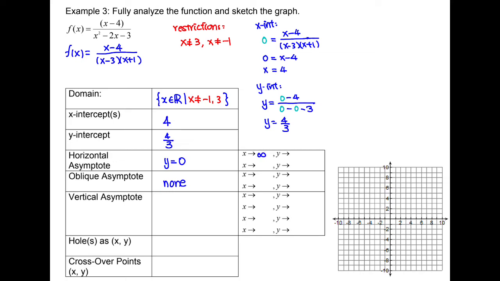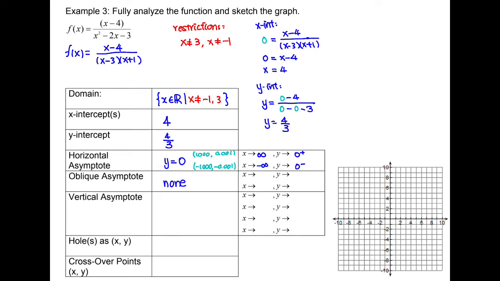On the right end, when x is approaching positive infinity, we put 1000 into x to find the y value. You can see this y value is a little bit higher than 0, so we say 0 plus. On the left end, when x is approaching negative infinity, we put -1000 into x. We get a y value of -0.001, which is a little bit lower than 0, so we say 0 minus.